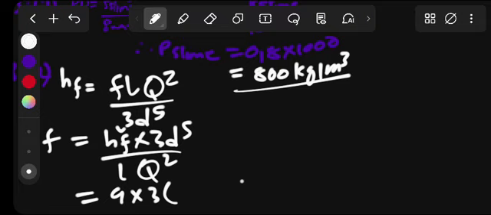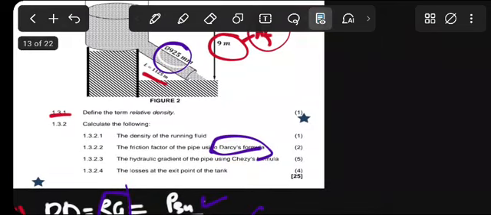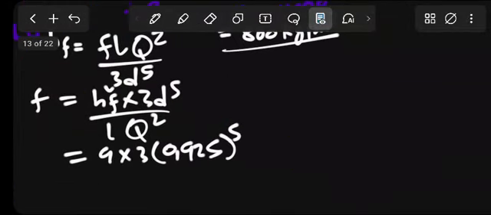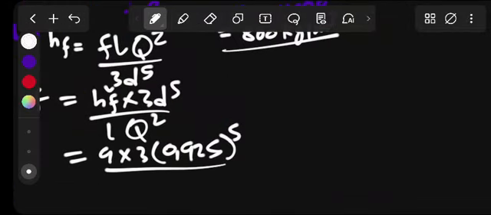It will be 0.925, right? Then we raise to the power 5. The length is 1125, divided by this length.